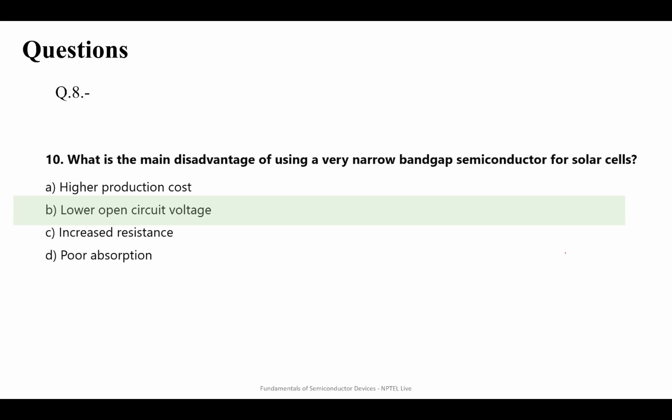If I have a band gap of 2 eV, can I absorb IR radiation? No, sir. The visible range is around 1.8 eV, and above 1.8 eV is the visible range. Below is IR, sir. Below is IR. 2 eV is a visible range.